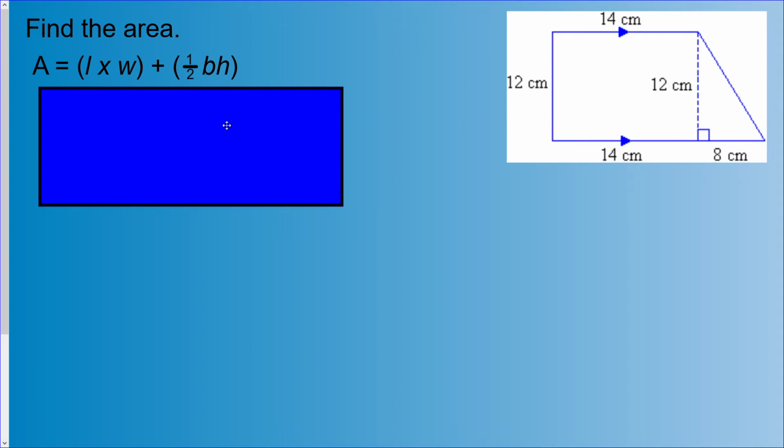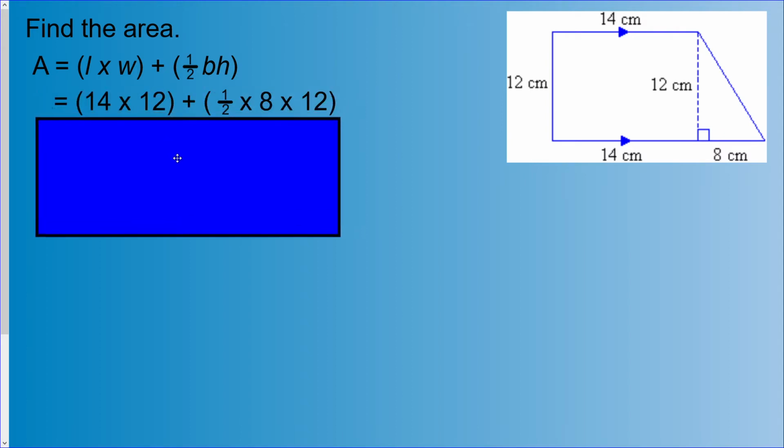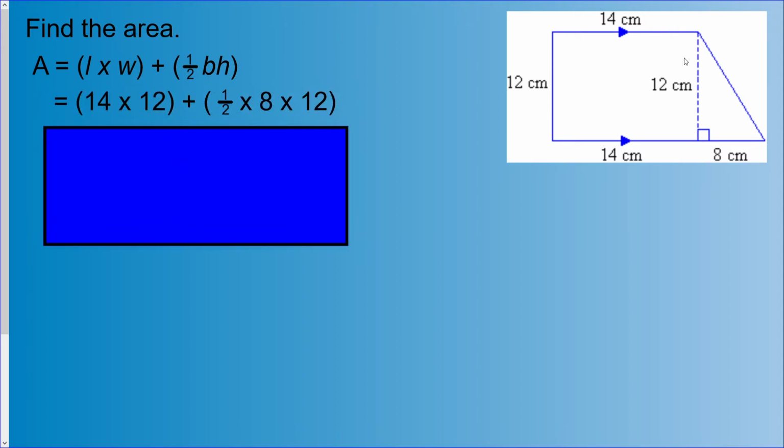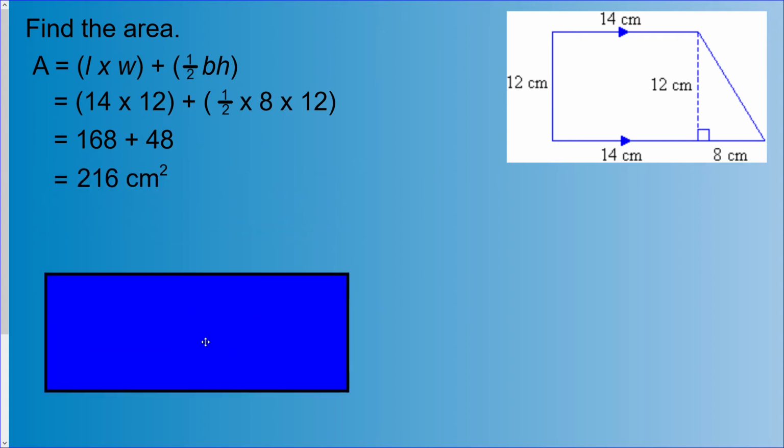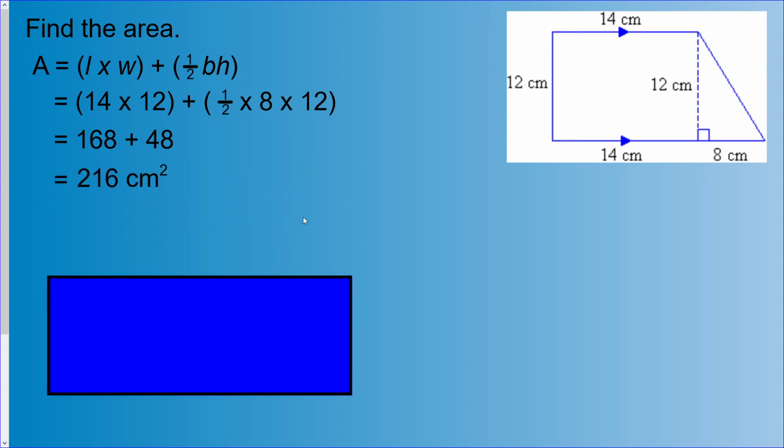With this particular diagram, it's not too tricky to find out which measurement is which, but 14 times 12 for the rectangle, and then 8 and 12 for the triangle. If you carefully do all that using proper order of operations, meaning you're doing the multiplying first before the adding, you should end up with 216 centimeters squared.